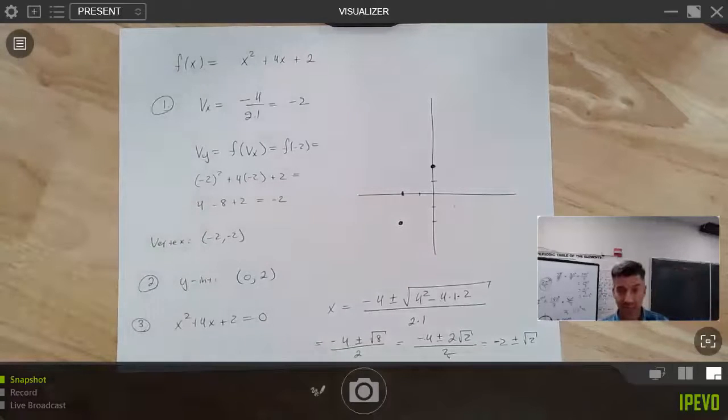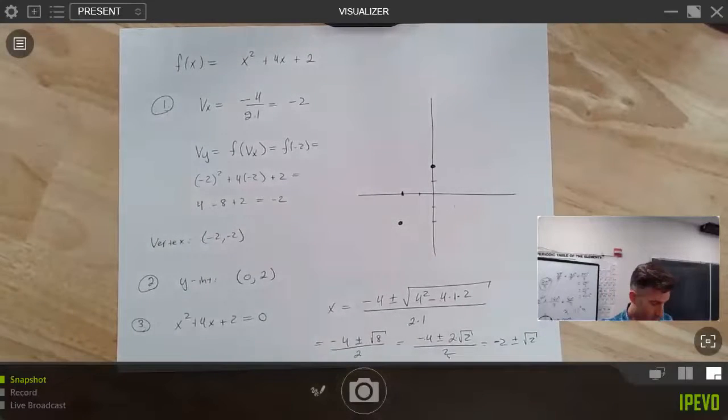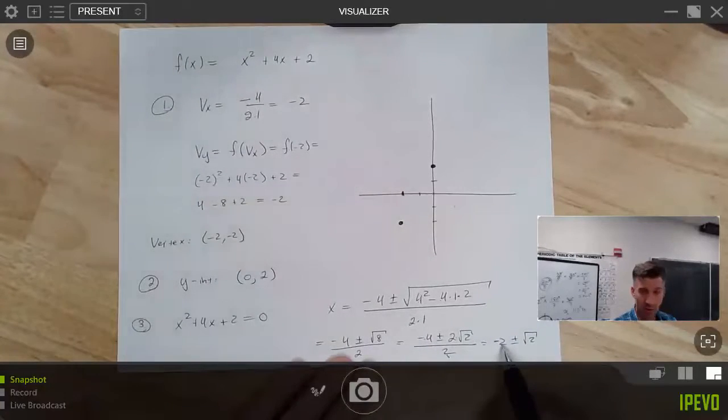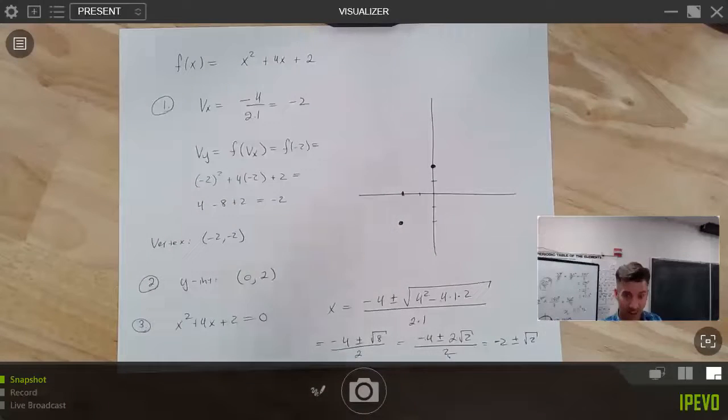A couple nice things to observe right here. One, we can see really from the quadratic formula that our x-intercepts are going to be equally spaced out from the x coordinate of the vertex, right? The x coordinate of the vertex is negative 2, and we're doing negative 2 plus root 2 and negative 2 minus root 2. So we're just going the same amount to the left and to the right.